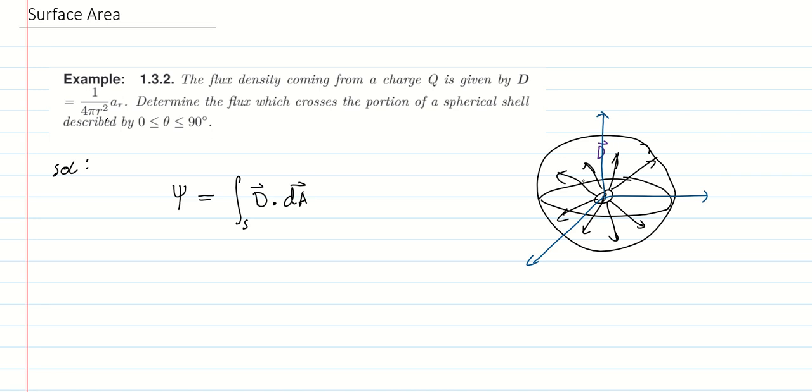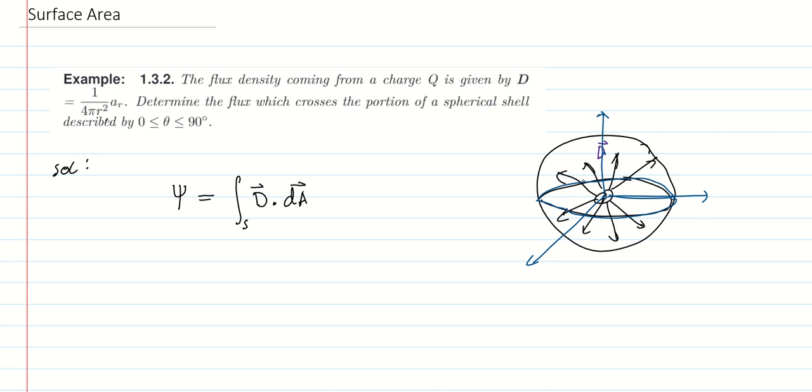If you plot 0 to 90 degrees, remember theta starts from the z-axis. So you start at 0 up to 90 degrees. The 90 degrees is up to this one. So what we are actually solving is half of the sphere, not the whole sphere, because it's just from 0 to 90 degrees.